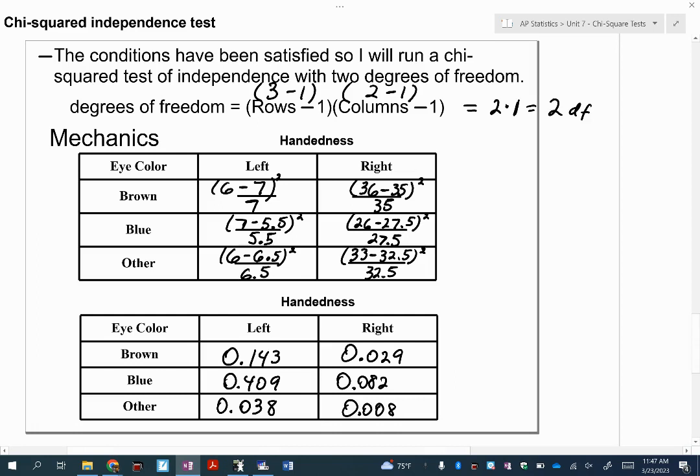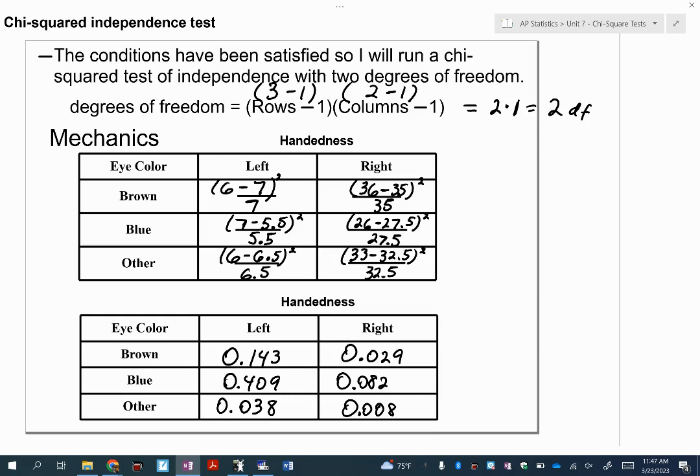We can go back to our test to do it. But what do you think my first thought is as I look at all 6 of these numbers? Blue is the only one that even approaches 0.5. My first thought is these are all small, right?